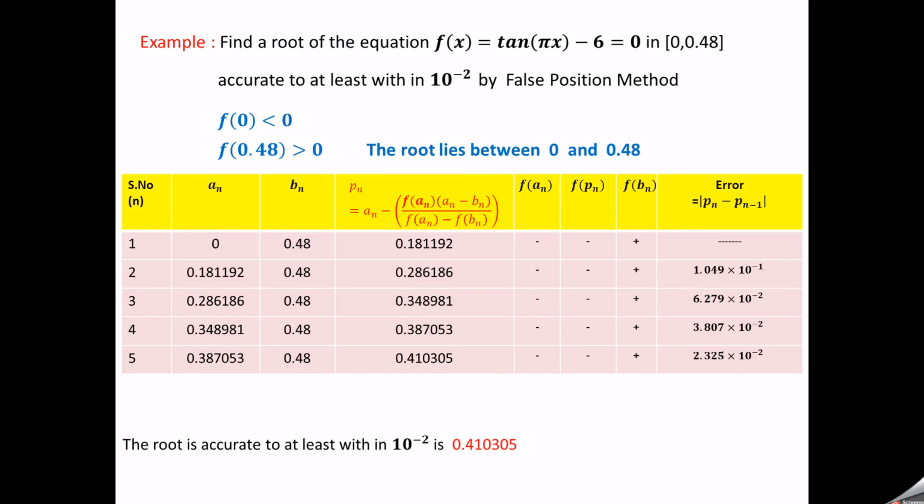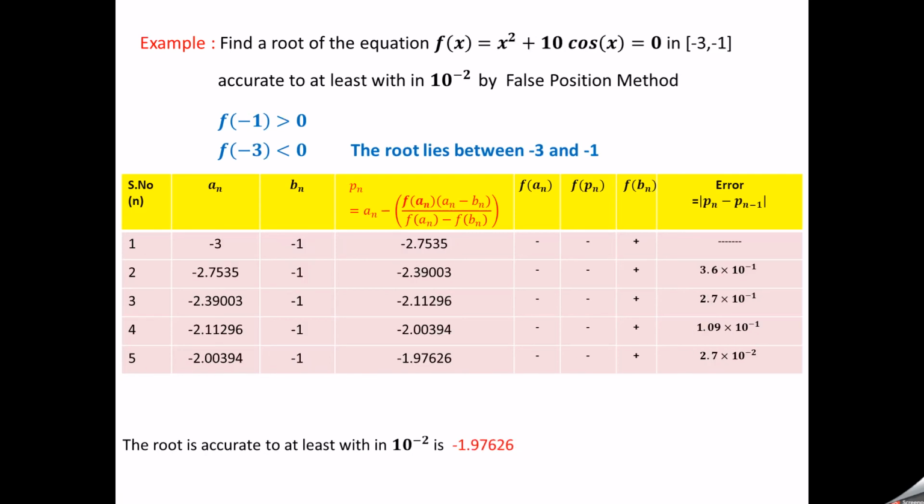Let us see another example. Find the root of the equation f of x is x square plus 10 cosine x equals 0 in the interval minus 3 to minus 1, accurate to at least within 10 power minus 2 by the false position method. The same way we find function values at minus 1 and minus 3.